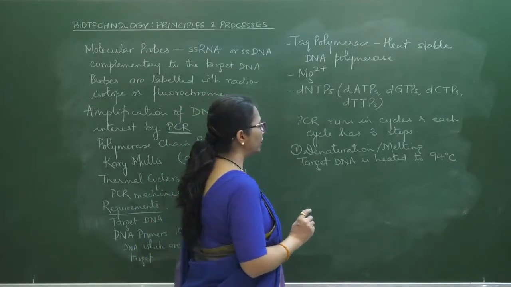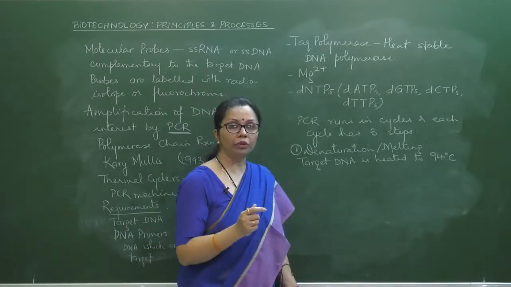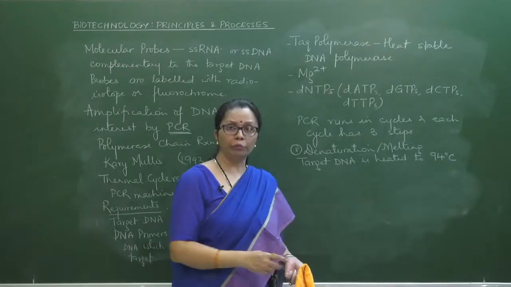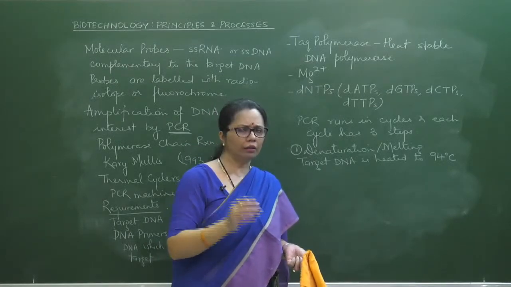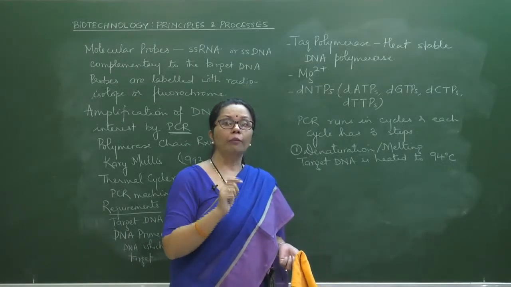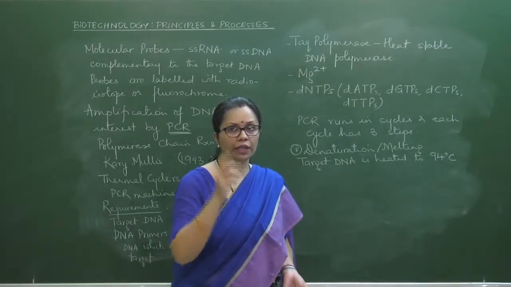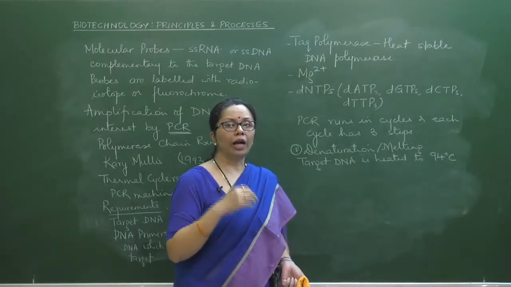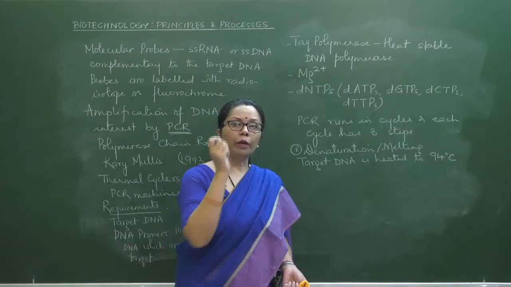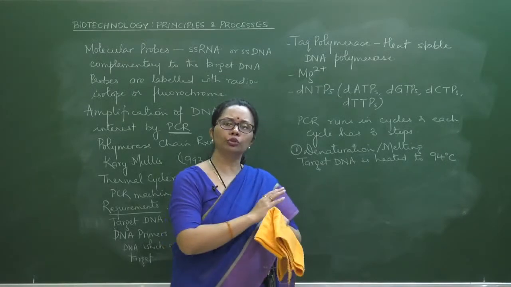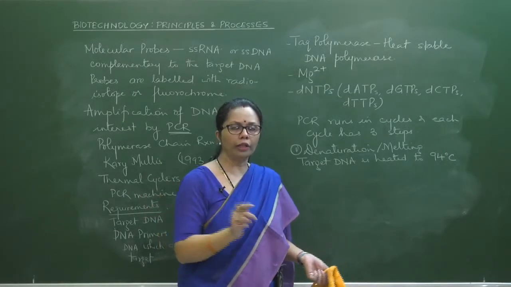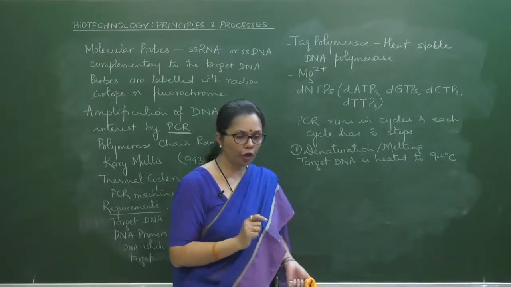So 94 degrees Celsius, and why are we taking it up to that temperature? Because beyond 60 the denaturation starts, but wherever there are GC sequences there are 3 hydrogen bonds, so that requires a higher temperature. By putting this much temperature the 2 strands will fully separate, not that some portion has separated and some portion not.